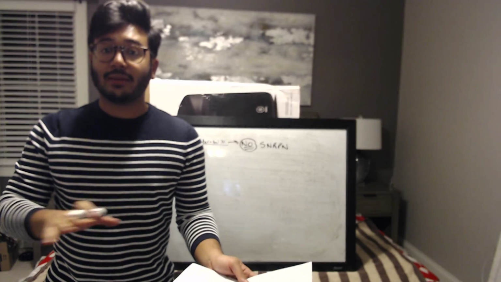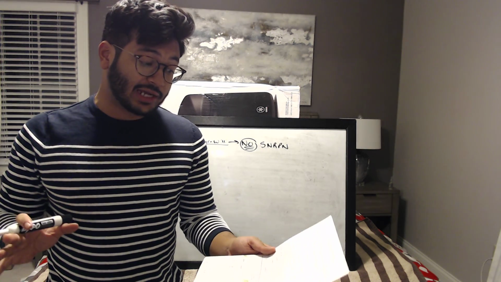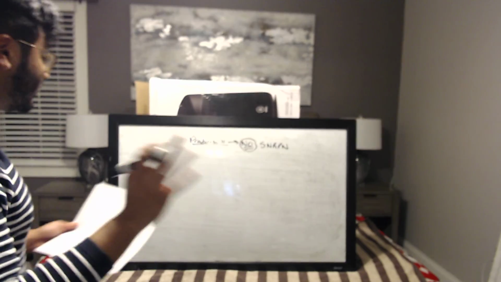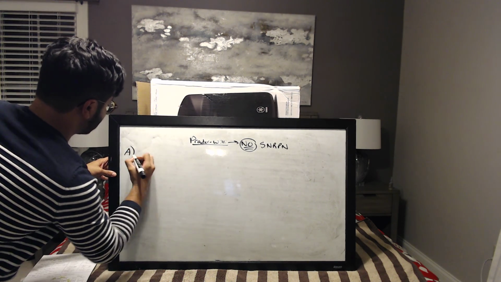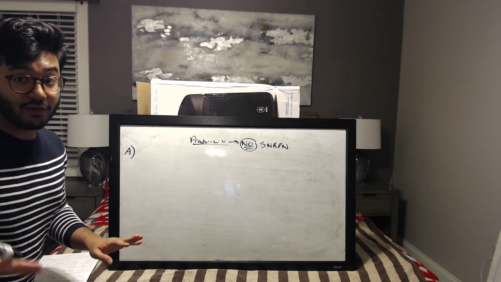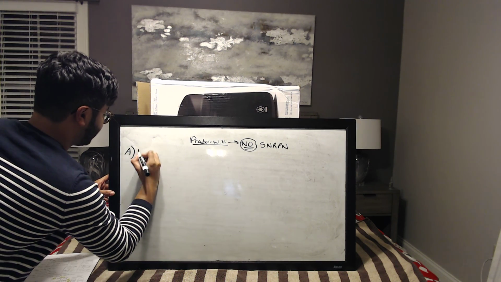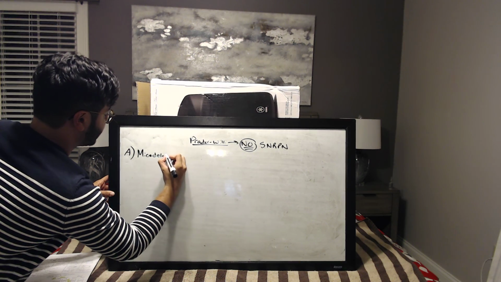How the SNRPN became non-functional can vary, depending on either the microdeletion route or the uniparental disomy, and we're going to go over both of those. The first one we're going to talk about is the microdeletion, because it's easier to understand.